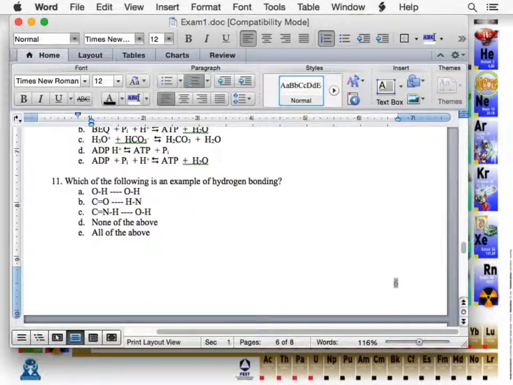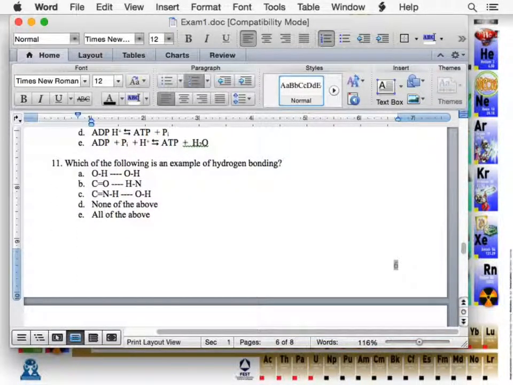Example of hydrogen bonding, are we good on that? We're looking at which answer? All of the above are hydrogen bonding. A is your classic example of hydrogen bonding that we might expect to see in water.